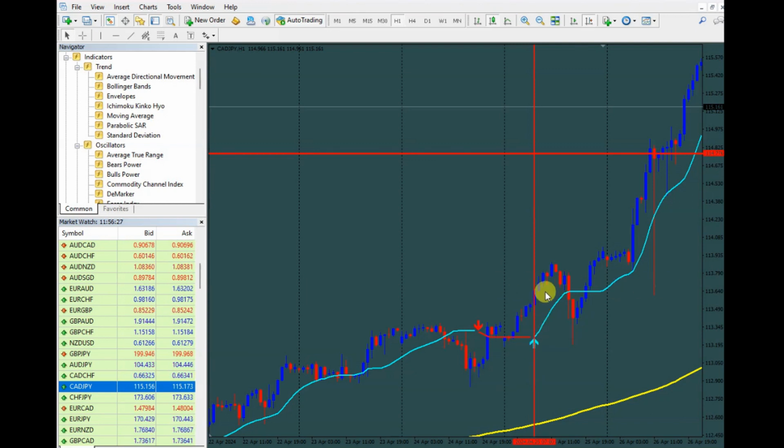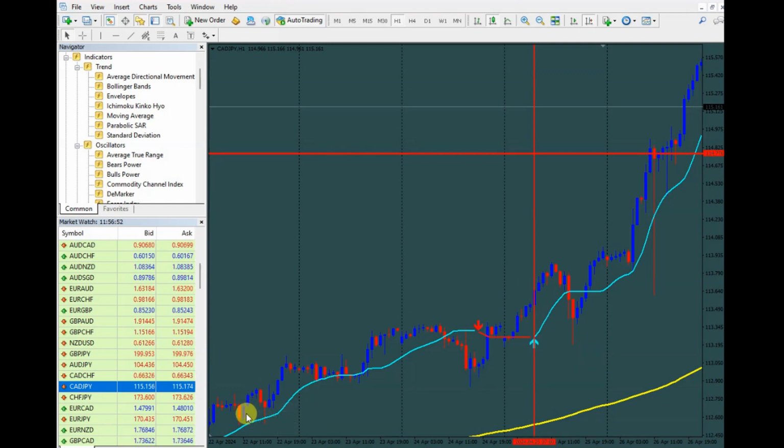Here we open another trade, but this time with a smaller lot size. If originally we opened the trade with 0.1, at this point we are going to open another trade with 0.05.